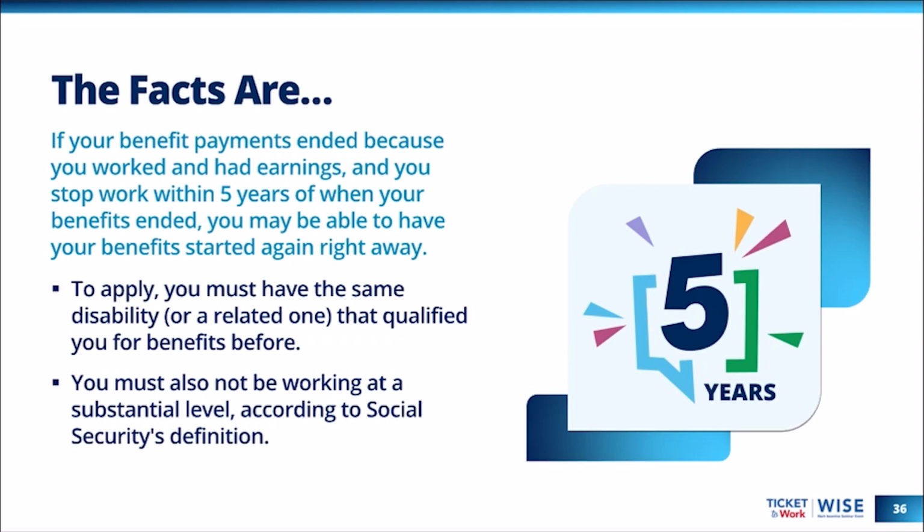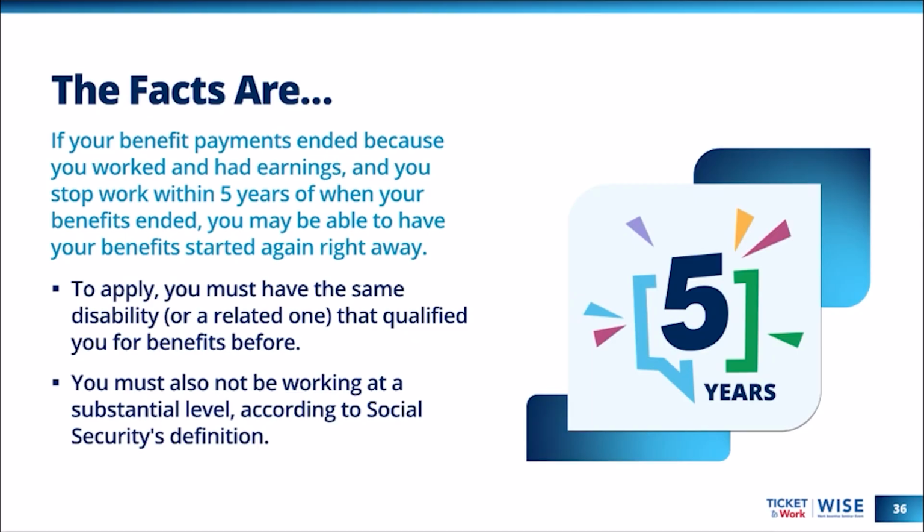But what happens if I'm working during my extended period of eligibility, during my expedited reinstatement period, and I have an exacerbation and I have to cut myself back to half time, my income drops below that SGA level?